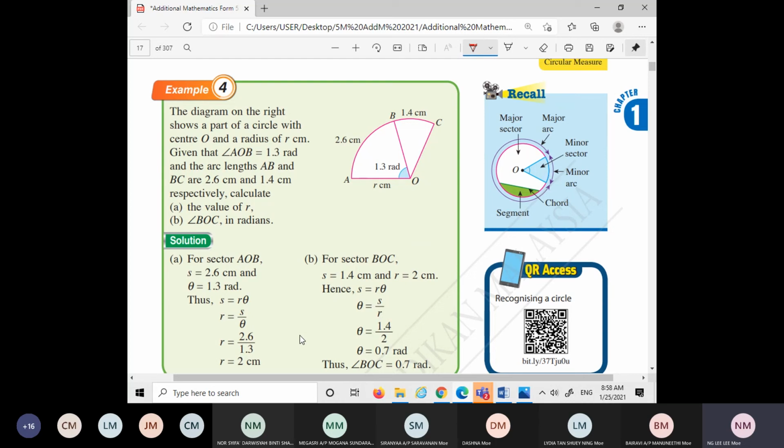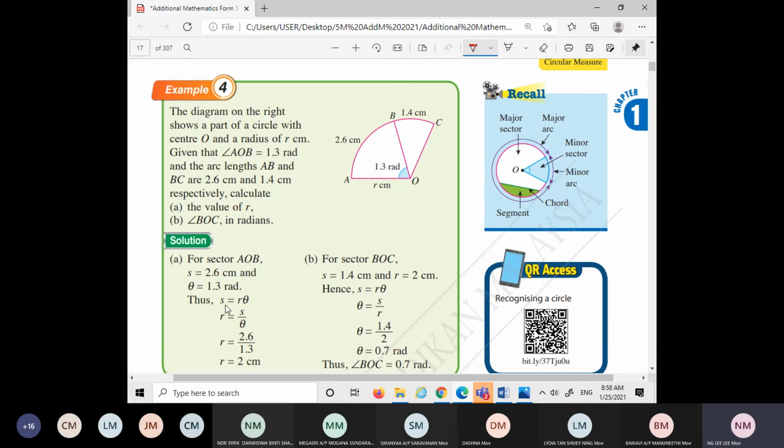Now, the radius you don't know, but you just apply the formula S = r theta. Given that the angle AOB is 1.3 radian, which is this one, and the arc lengths AB and BC are 2.6 and 1.4 respectively. Calculate the value of r.